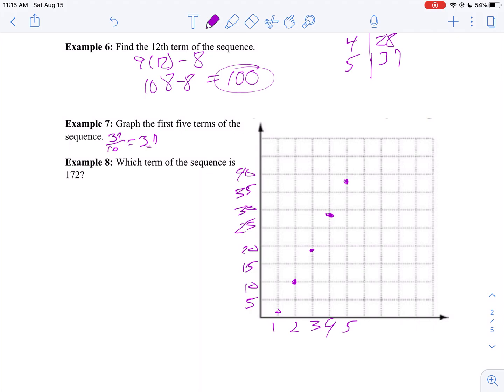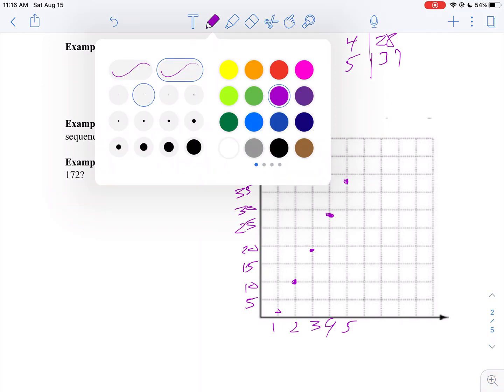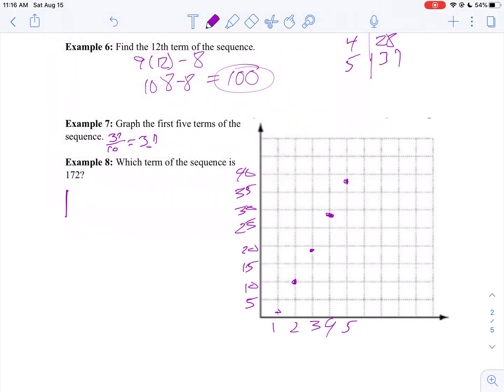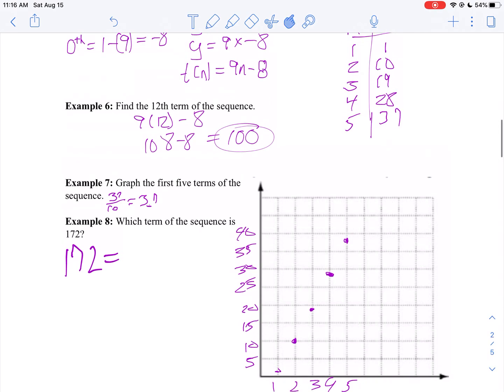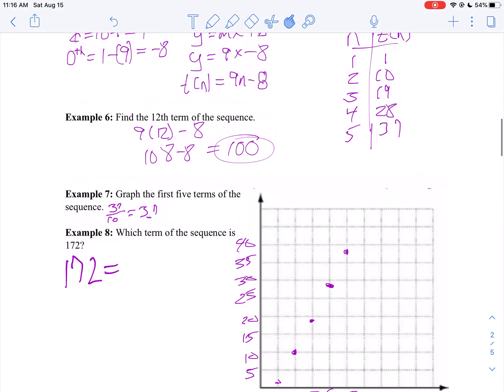Now let's take a look at example 8 here. On example 8, I want to know which term in the sequence is 172. In other words, I know the term. The term is 172 equals 9n minus 8. And let's solve that equation.